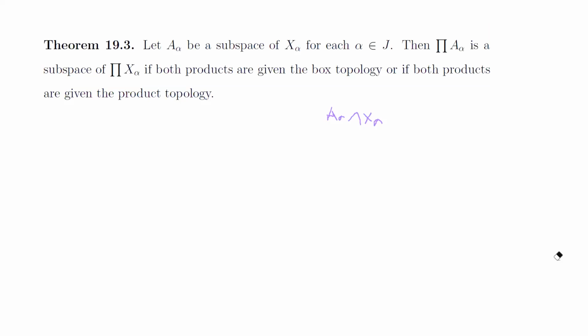When it's not for some A alpha, how can I write here? Wait, let me write here. So for some finitely many indices in the product topology, this open set in the subspace is U alpha intersects with X alpha, right?